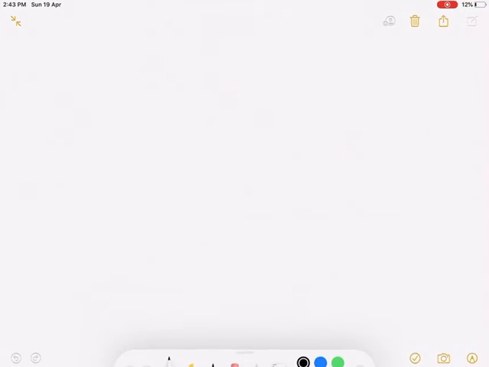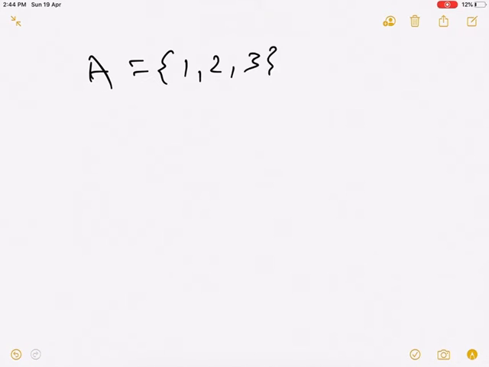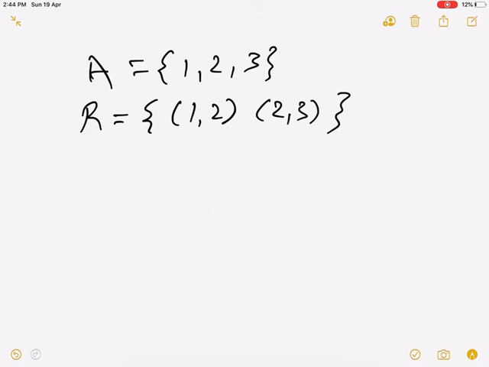Let us see here the transitivity property. Let us say that A is {1, 2, 3}, and let us say that there is a relation R such that 1 comma 2 belongs to this and 2 comma 3 belongs to this. Now is the relation transitive? The answer is no. Why?